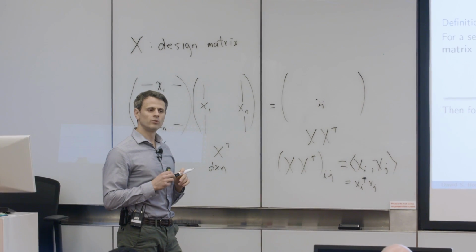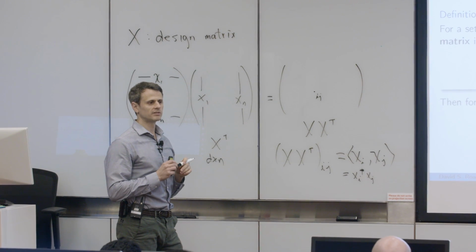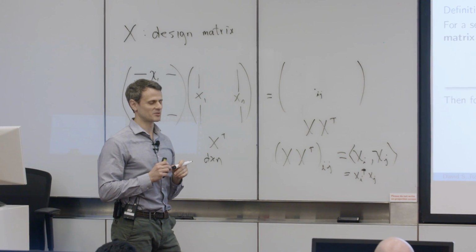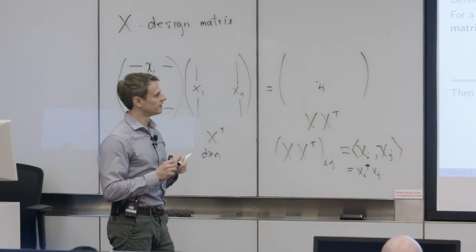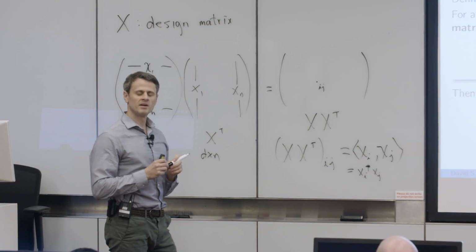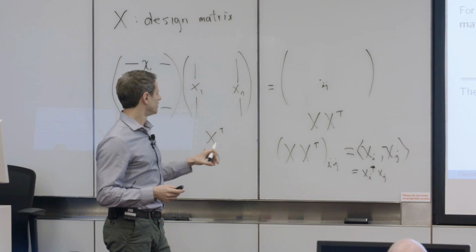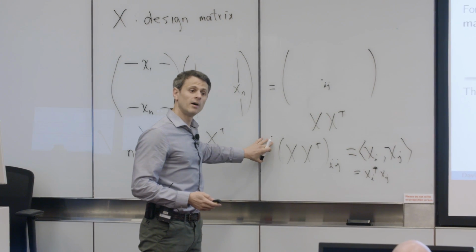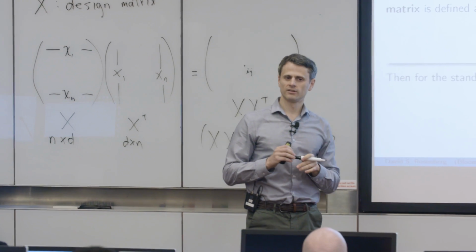Do you remember in ridge regression there was a matrix that showed up? It was like X X transpose, but it wasn't X X transpose. It was X transpose X. What's the dimension of X transpose X? d by d. X X transpose is n by n. So you'd prefer to work with the smaller one, right?